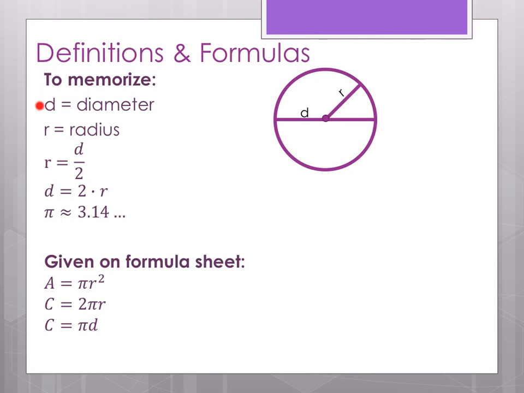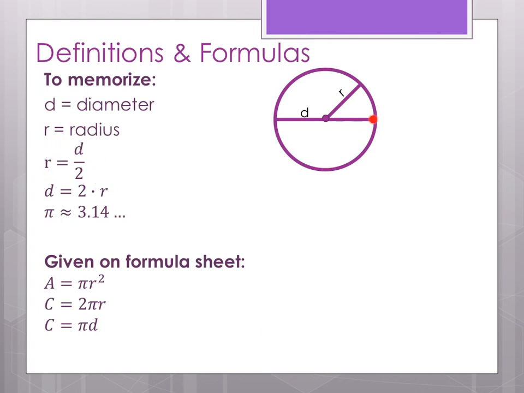The letter D in these formulas stands for the diameter. And the diameter is the length from edge to edge running through the center of your circle. So it starts on one edge, it passes through the center, and ends at the other edge. That's the diameter. The radius is just from the center to the edge. So this line here, okay? That's a radius. It goes from the center to the edge of the circle, and we can think of the radius as the diameter divided by 2.